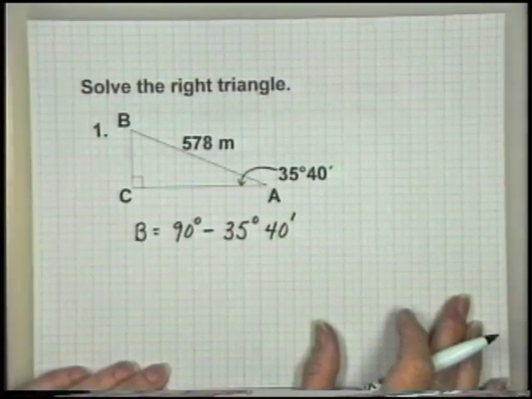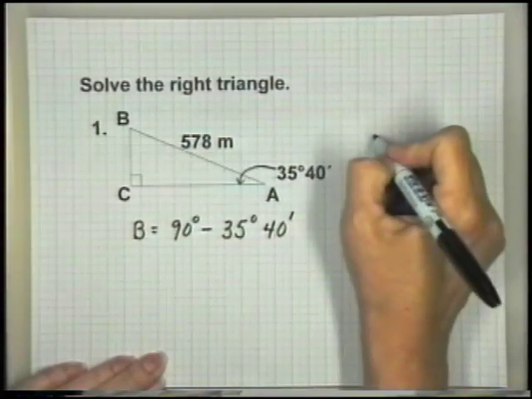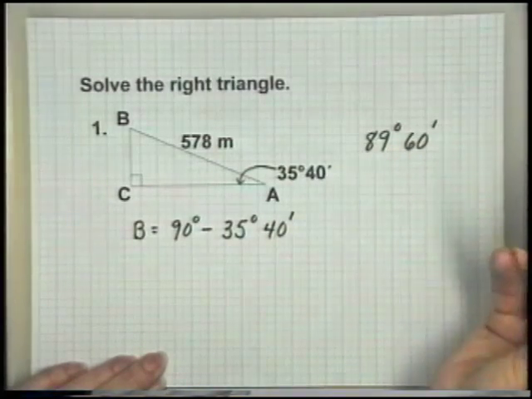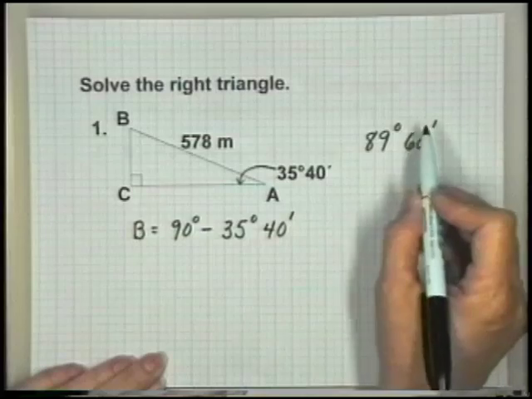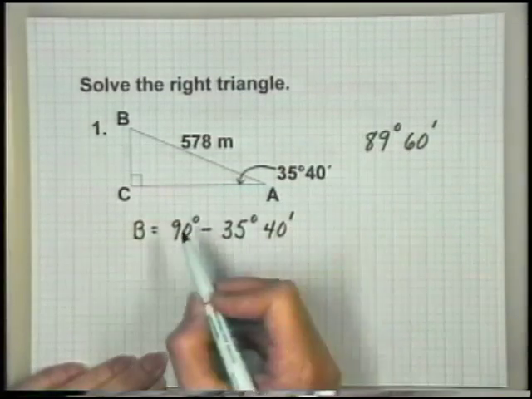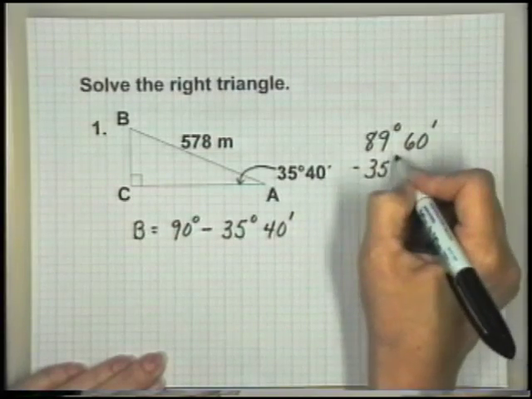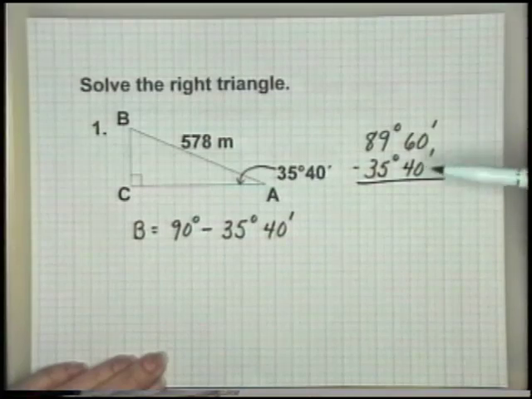Now, when I subtract that, I like to line that up. We'll write the 90 degrees as 89 degrees 60 minutes. We know we can do that because 60 minutes equals 1 degree, and 1 degree plus 89 degrees equals 90 degrees. Then we can subtract the 35 degrees 40 minutes.